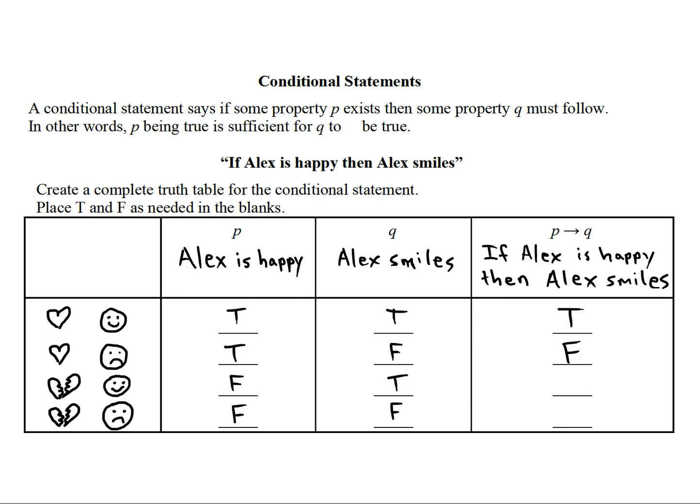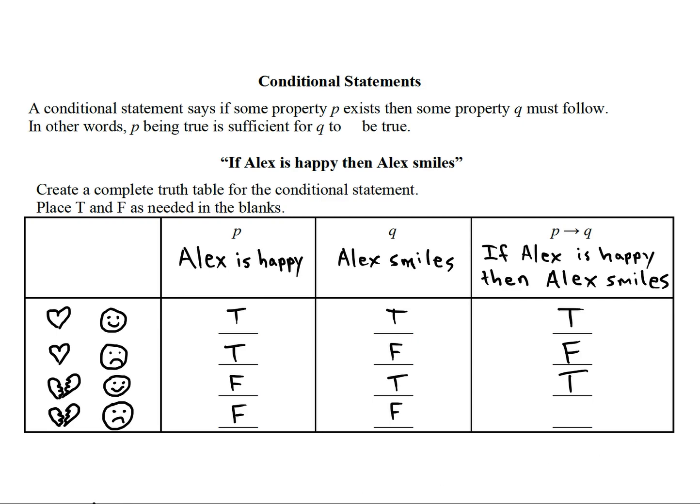The statement tells us what happiness leads to. It says that happiness leads to smiling. It doesn't talk about what unhappiness leads to. And so we can't use this case as evidence against the statement because we didn't meet the initial condition of Alex being happy. For that reason, by default, we're going to leave it true because we haven't disproven it yet.